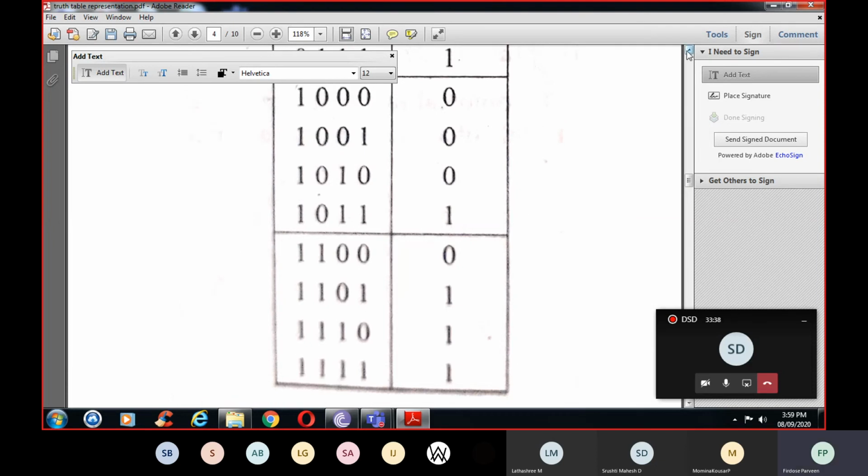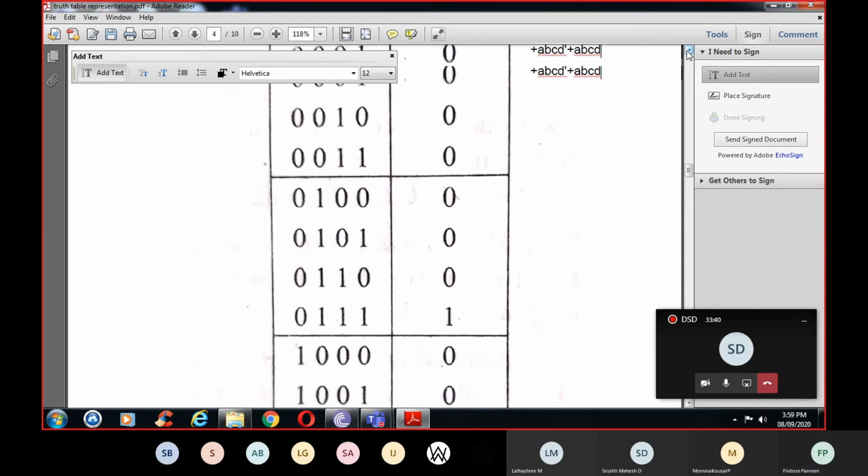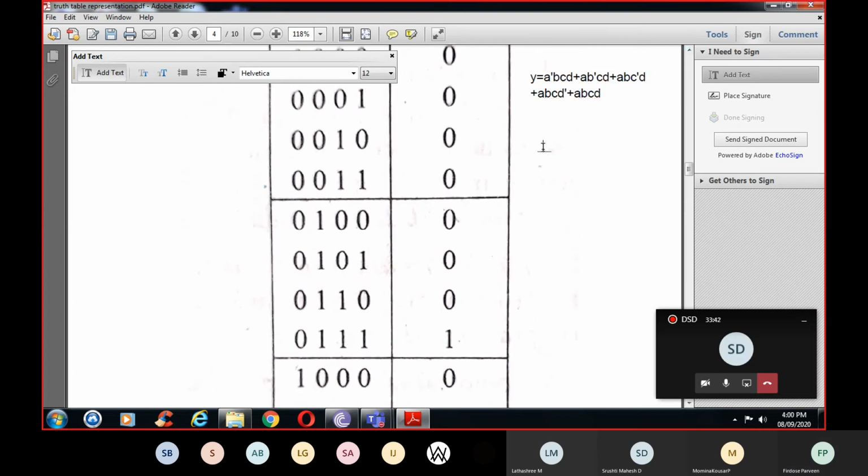So I'll write y is equal to summation. I cannot use that here. Y is equal to, I'll write small m, that is min terms. It means small m 7, comma 11, comma 13, comma 14, comma 15.